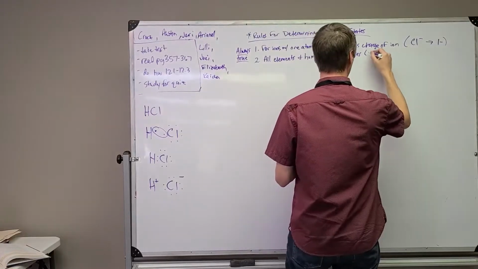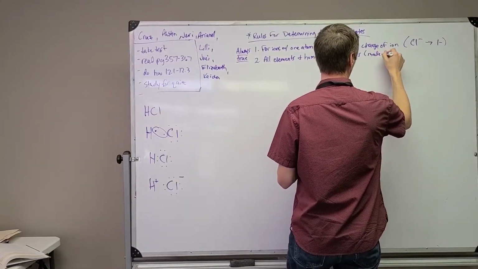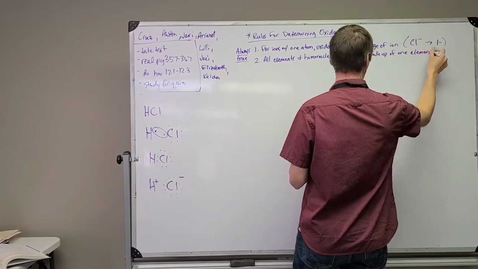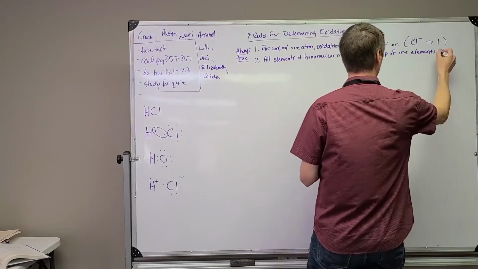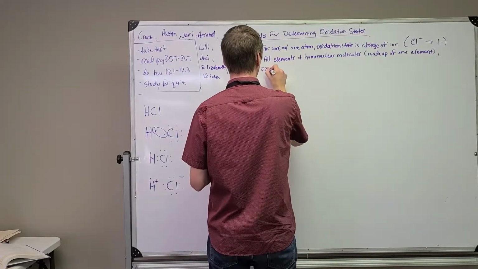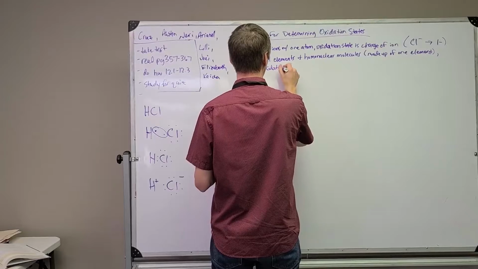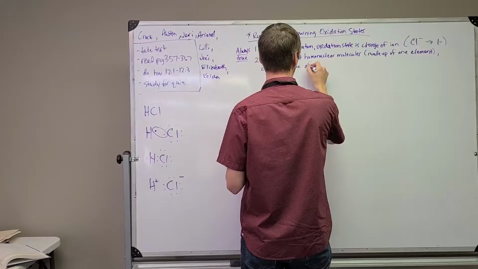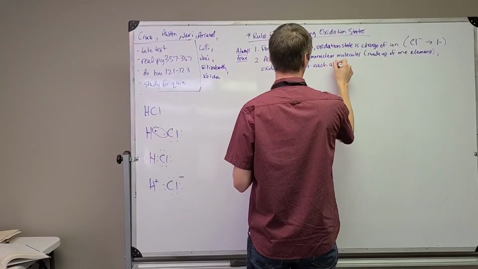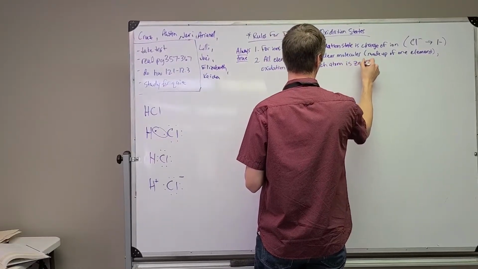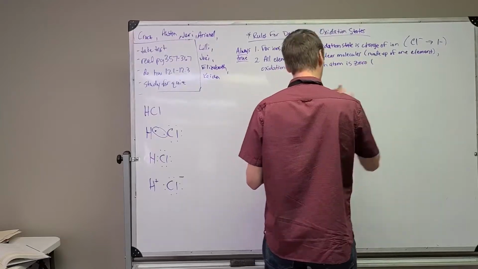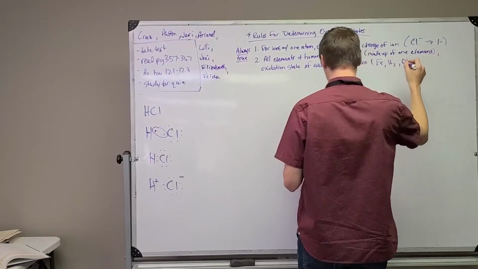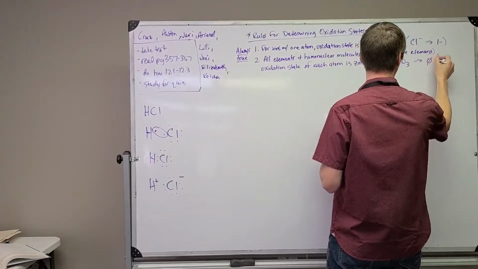So this is a molecule that's made up of one element. The oxidation state of each atom is 0. So if we have Fe, or H2, or O3, all of these are going to have an oxidation state of 0.